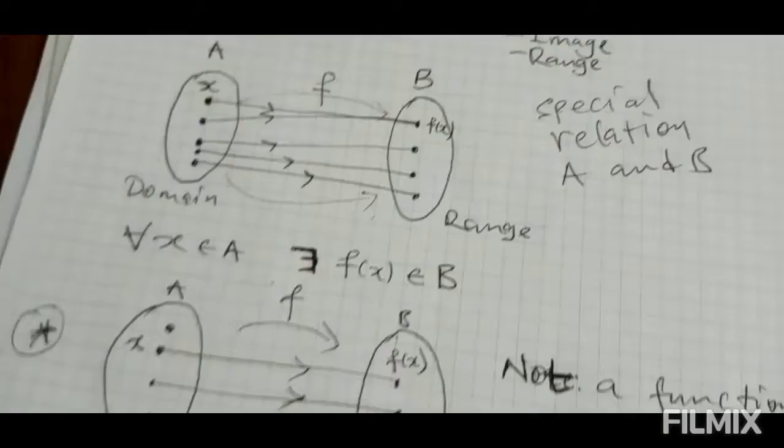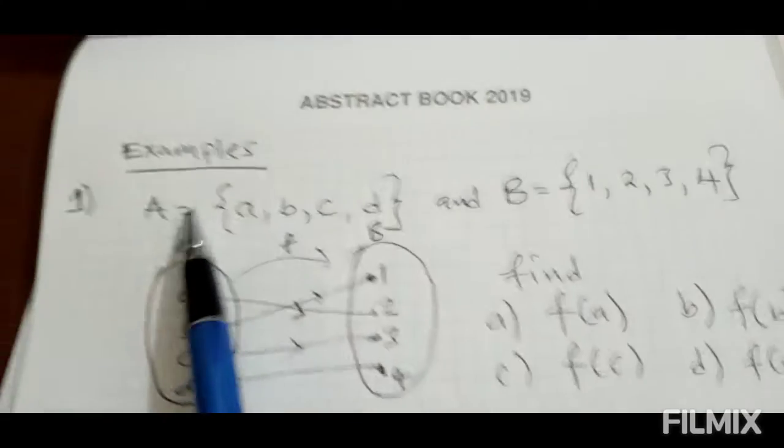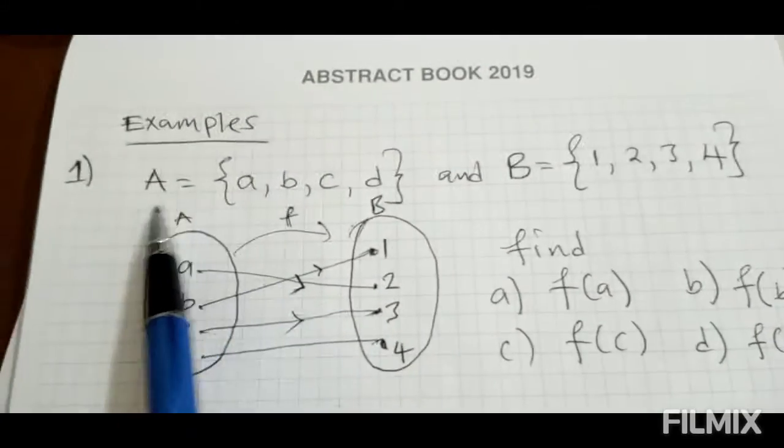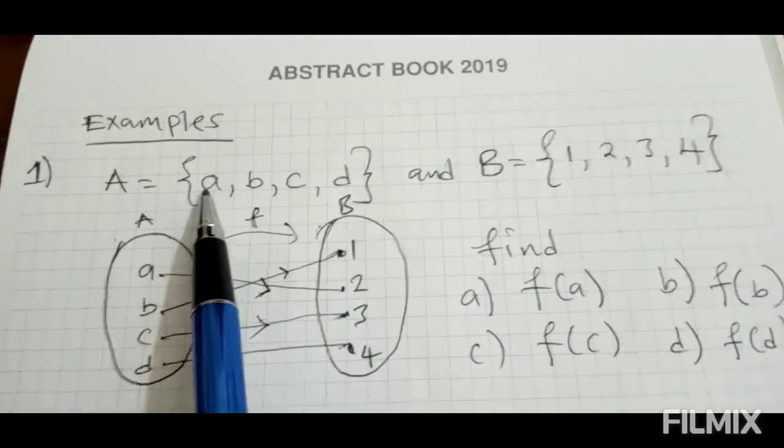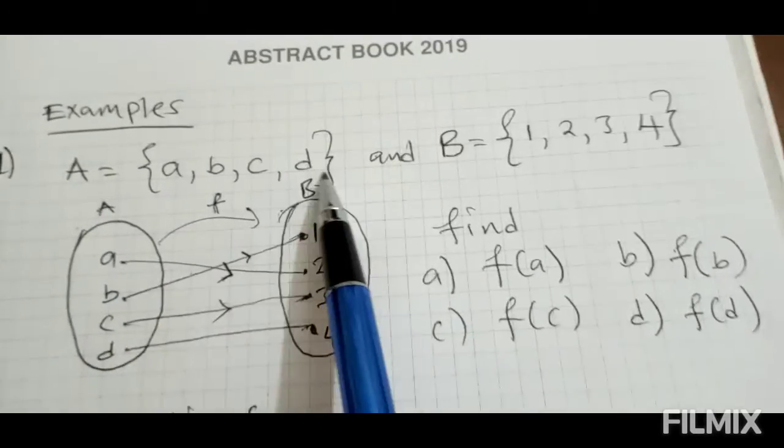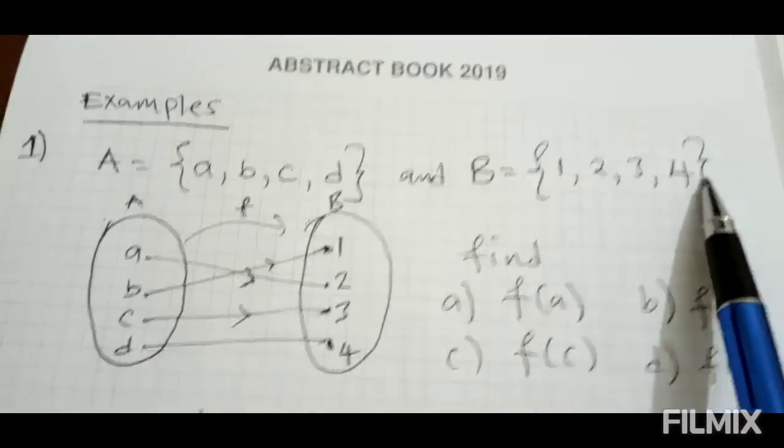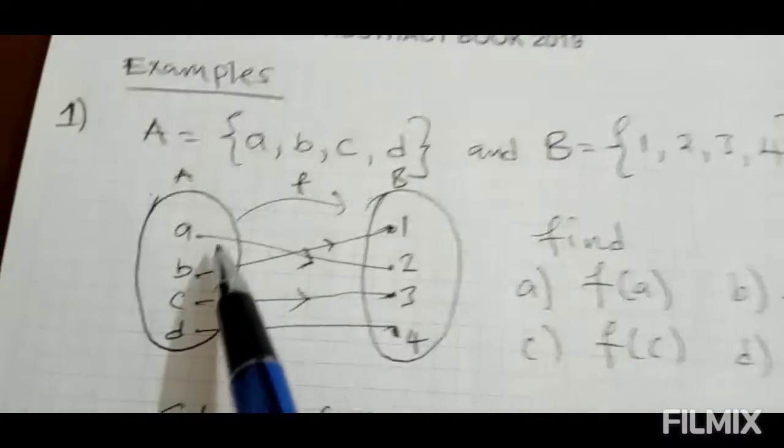All right. Now let's go on and see an example. Let's take the set A with elements a, b, c, and d, and the set B with elements 1, 2, 3, 4. Now we have a relation here.